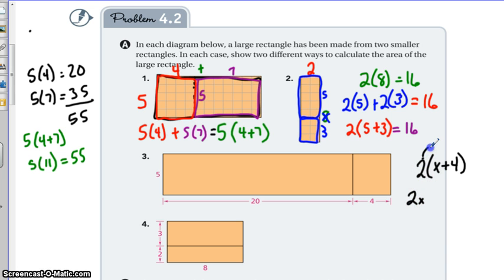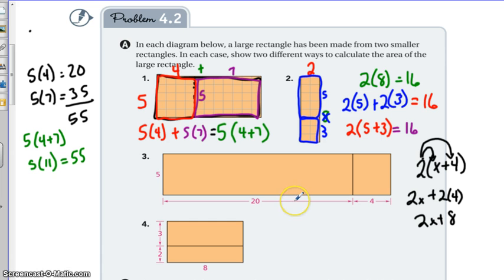We're distributing that 2 to the x, and then we add the distribution of the 2 times 4. So plus 2 times 4, and that would give us 2x plus 8, and then we're able to move on from there, especially if we know what the area should equal.